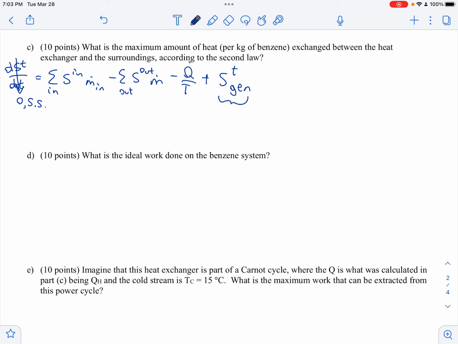And the second law tells us that the entropy generation is greater than or equal to 0.